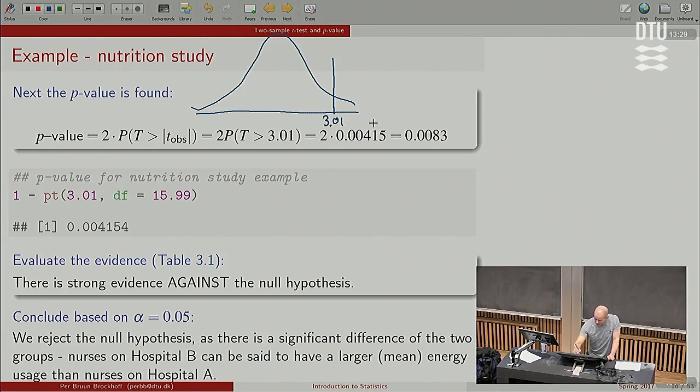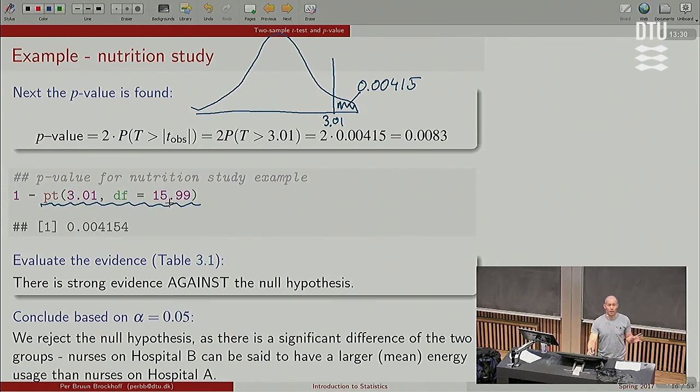That probability apparently is only 0.00415. I see that by plugging into the PT function. PT is the probability distribution function of the T distribution with degrees of freedom.